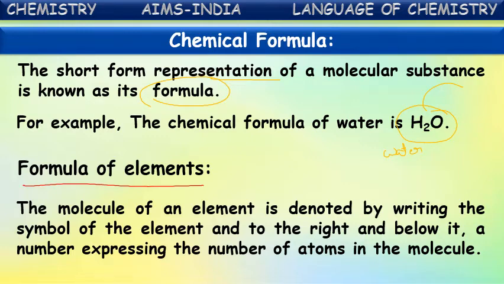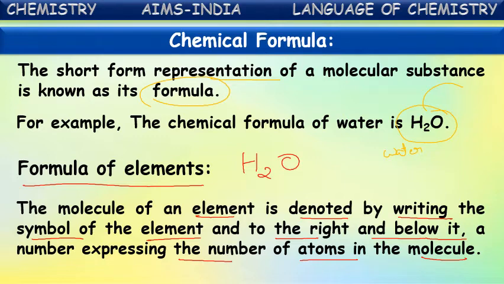See, formula of elements. The molecule of an element is denoted by writing the symbol of the element and, to the right and below it, a number expressing the number of atoms in the molecule. What is meant by formula here? I'll take the example of H2O. Water contains hydrogen and oxygen.